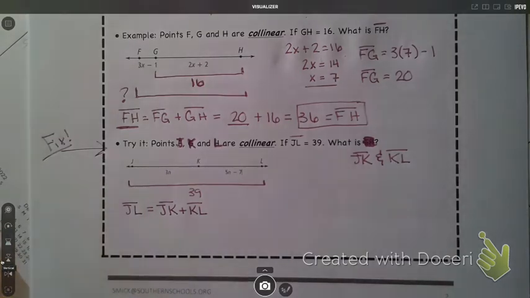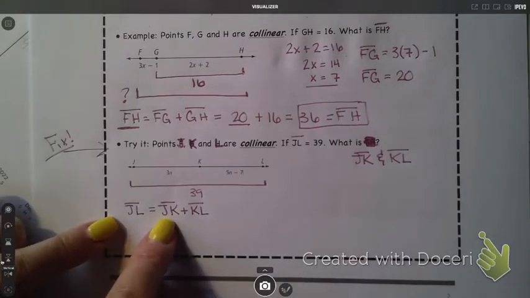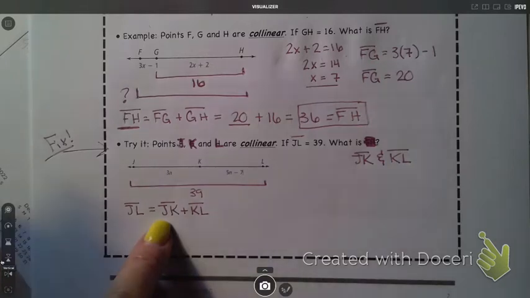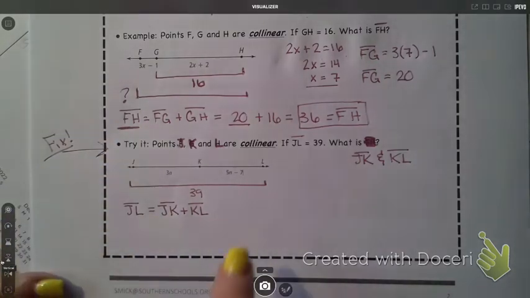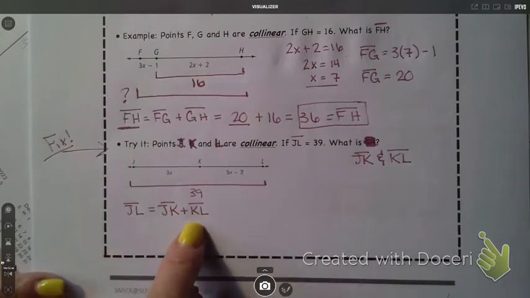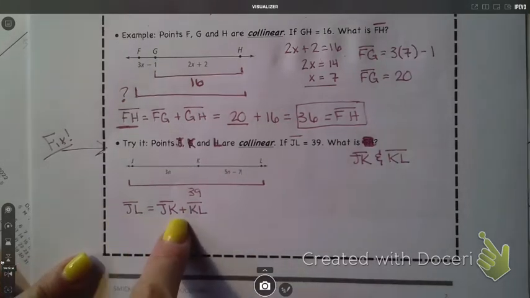So we know that much. Do we know what JL is? Yes. Do we know what JK is? No. Do we have an equation for JK? 3n. Okay, do we know what KL is? 5n minus 7. Okay, so can we just replace these things with the things we know?